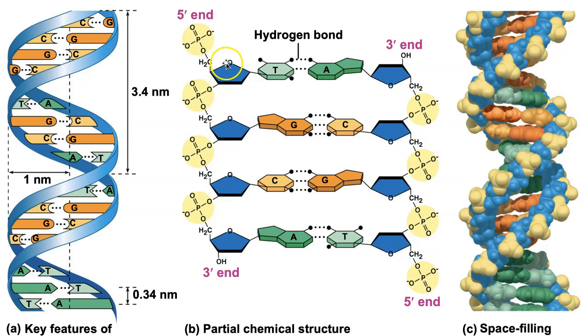Looking up here at the 5' end, we have carbon 1, 2, 3, 4, 5. Off of this 5' carbon is the phosphate group. So the 5' end always has the phosphate group. I remember that because they both have the same sound, right? 5', phosphate. That's a quick and easy way to remember that. And again, the 3' end has the hydroxyl group, which is where all of the binding is going to occur.